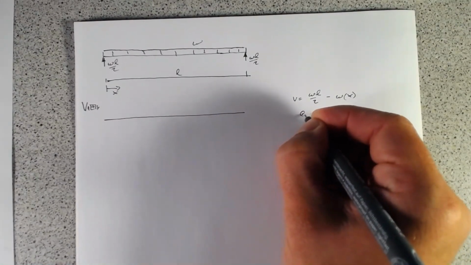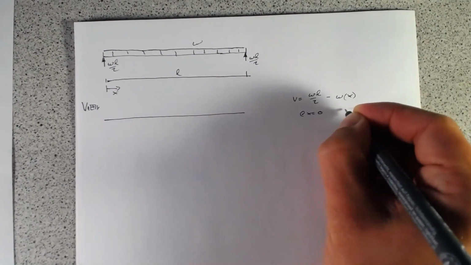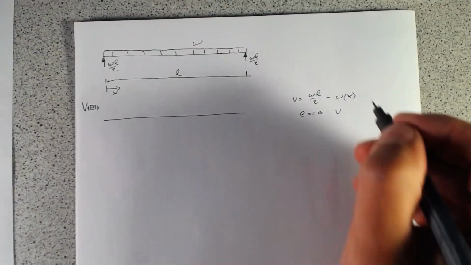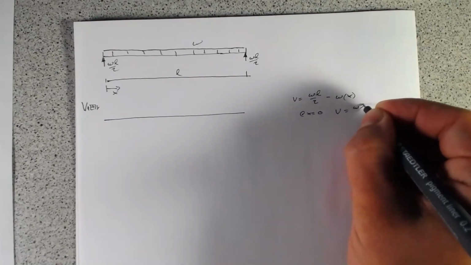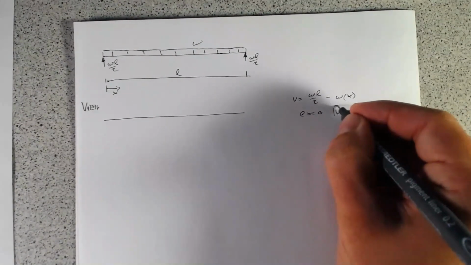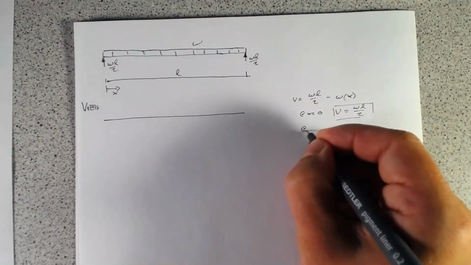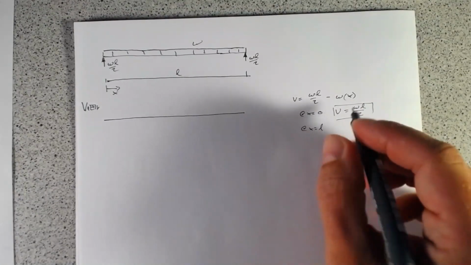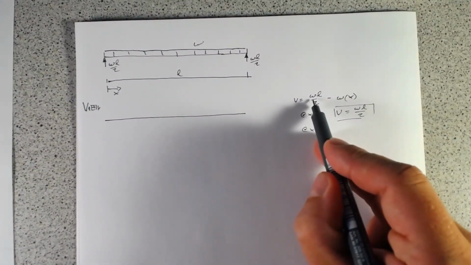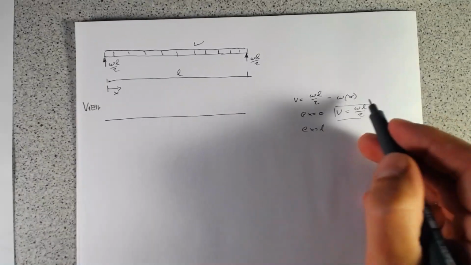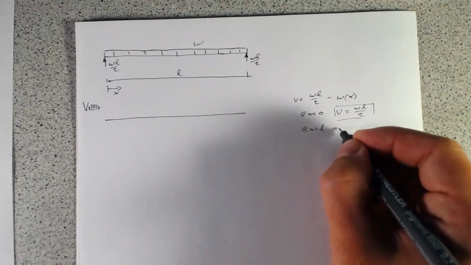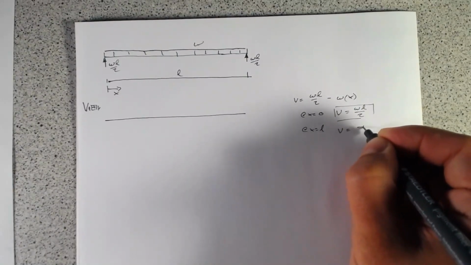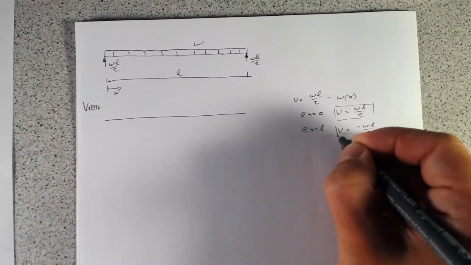At X equals 0, that turns to 0, so V equals WL over 2. And at X equals L, this is WL, so you have WL over 2 minus WL. We get minus WL over 2. V equals minus WL over 2.